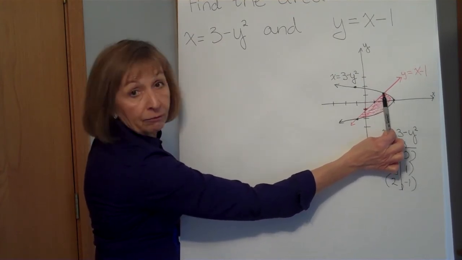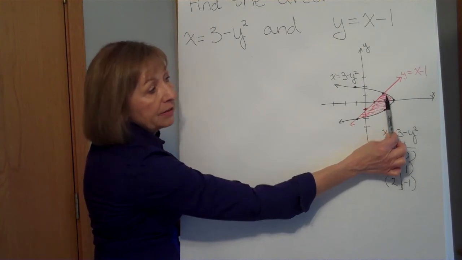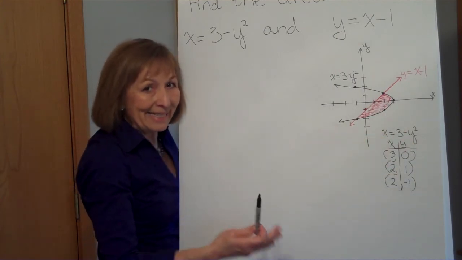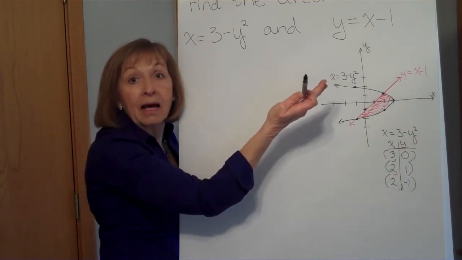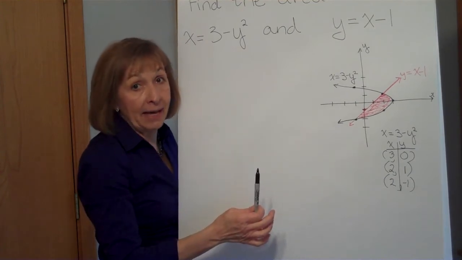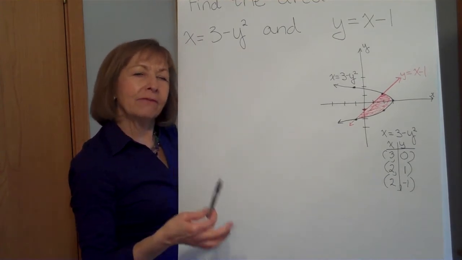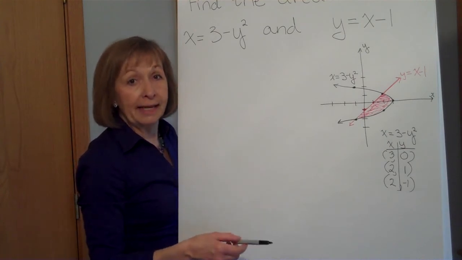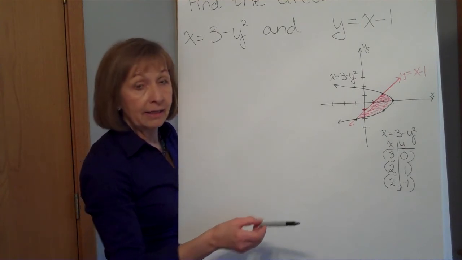But when you get about right here and then keep going right, do you see how the top of the parabola and the bottom of the parabola, I don't have consistency of which equation is always on the top of the region and which one is on the bottom. So we can think of another orientation that we could take in order to find this area.